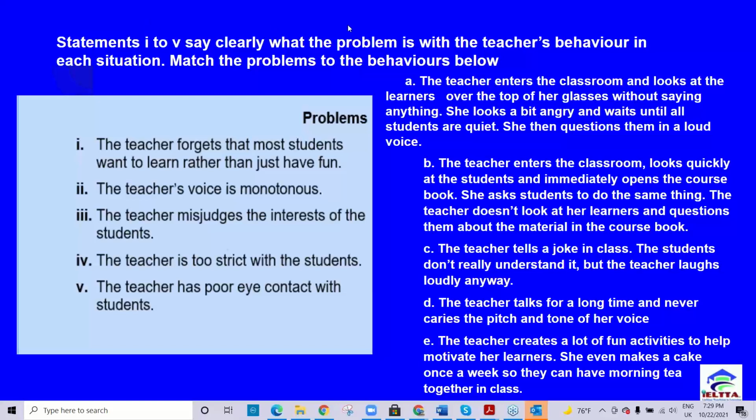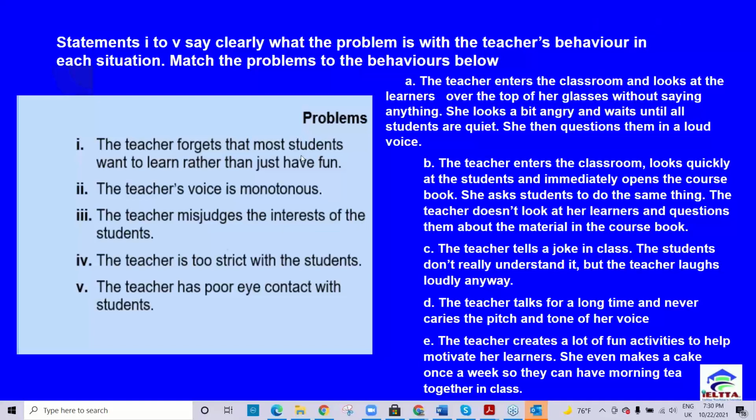The teacher's voice is monotonous. She talks for a long time. This goes with number D: never varies the pitch or tone of her voice. The teacher misjudges the interests of the students.